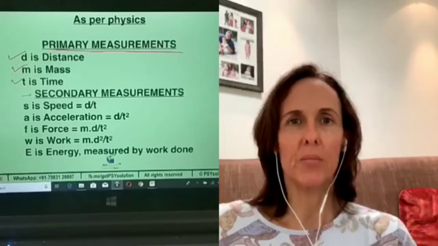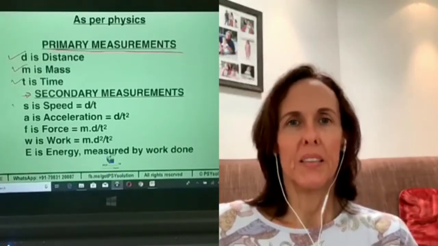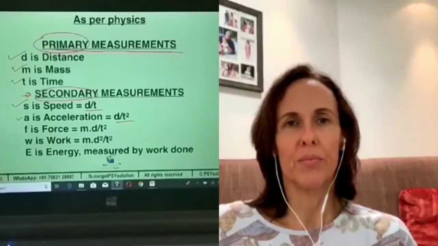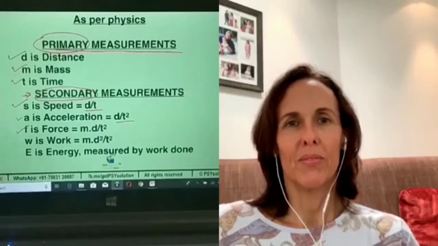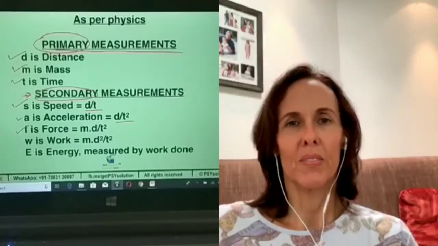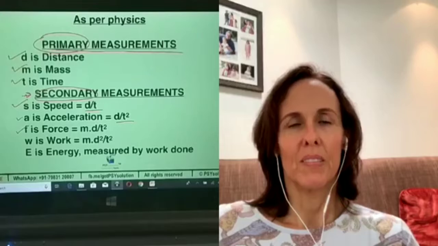Now the secondary measurements are speed, which is d upon t, and A is acceleration, which is d upon t square. So we are converting the secondary measurements in terms of the primary measurements. Now the force is m into d upon t square, and work is w, which is mass into d square upon t square.